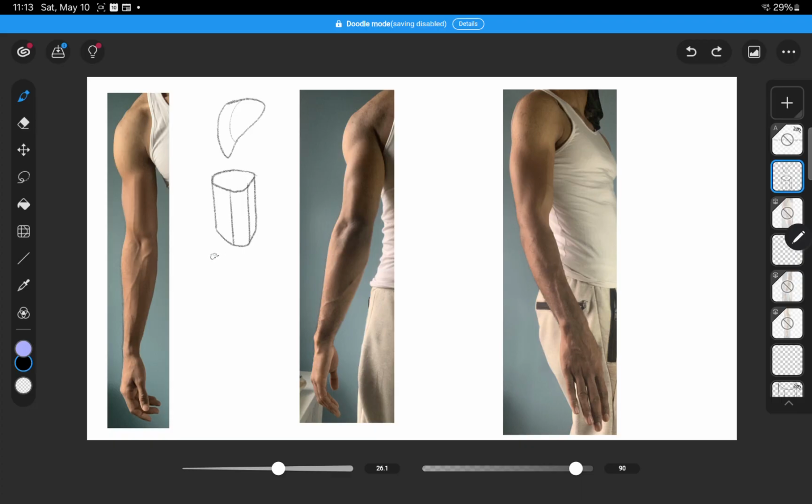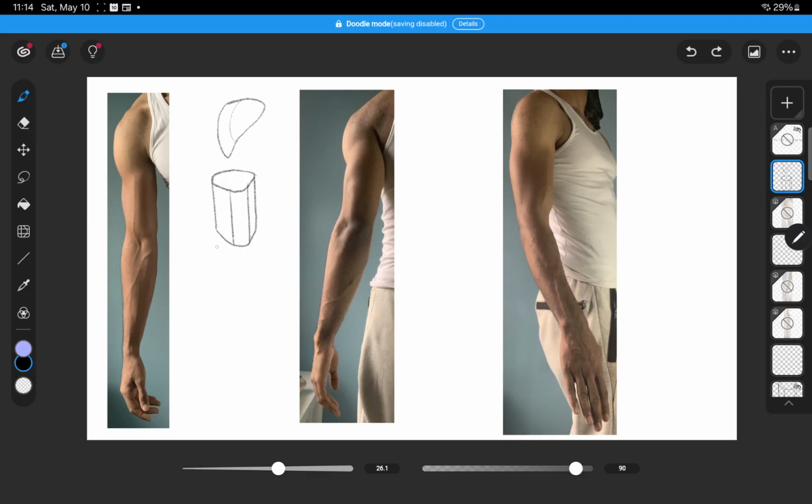But from the front, it sort of looks like a drumstick, but it angles down like that. So you see how the biggest bump is right there, and then the biggest bump on this side is right there. It's that kind of angularity that makes the body just look so freaking cool.